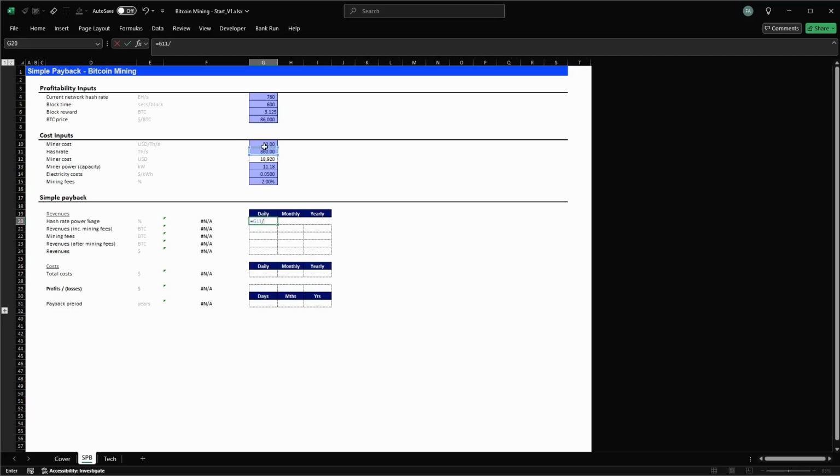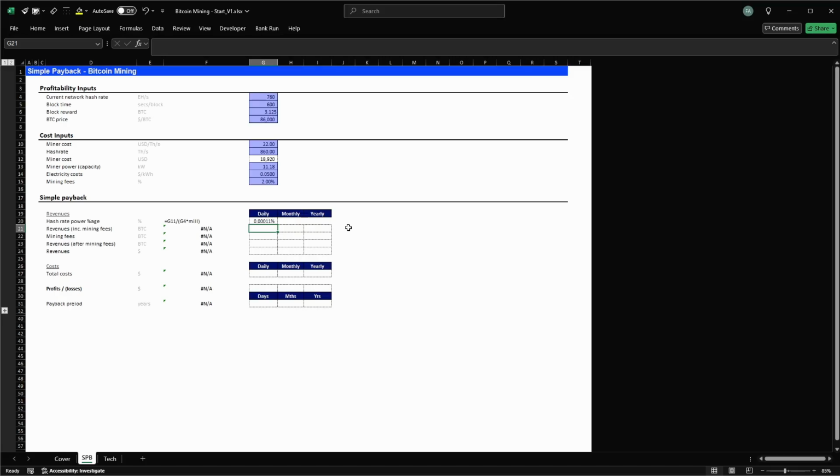Then we divide by the total network, and as I just said, we have to multiply by 1 million, which is represented by this named cell over here. I'm going to close parentheses and press enter. So we have 0.00011% of the network.